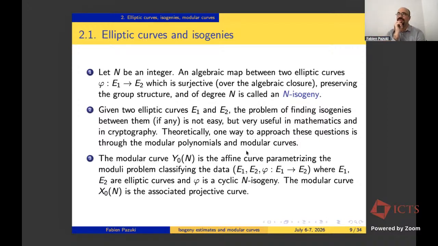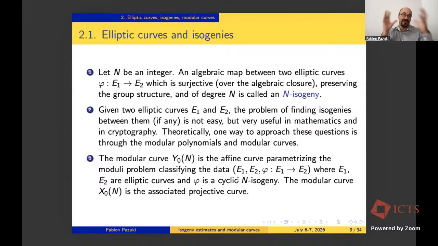So the subgroup of the n torsion is not always cyclic. However, inside Z over nZ cross Z over nZ, it's not too hard to count and to investigate which are the cyclic groups of order n.